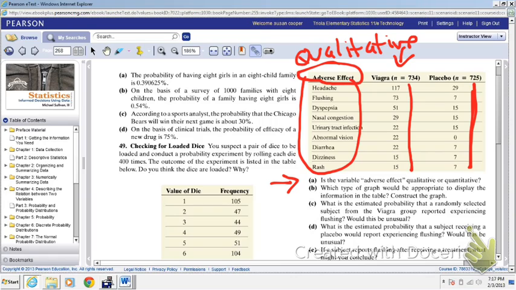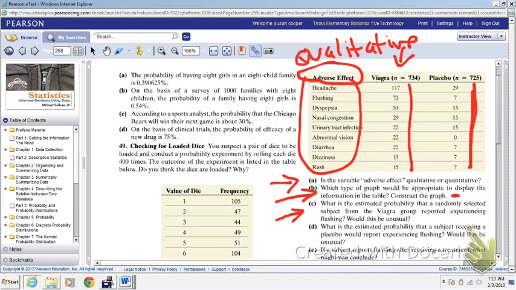Which type of graph would be appropriate to display the information in the table? I like this question because at the beginning of the term we said if you have qualitative data, you can display it with a bar graph or a pie chart. Then it says to construct the graph. I'm not going to do that right now, we've done that in the past. I just wanted to reiterate that a bar chart would be appropriate here.